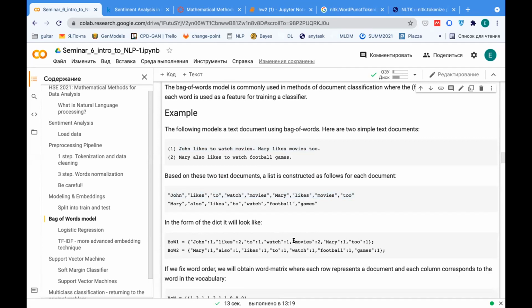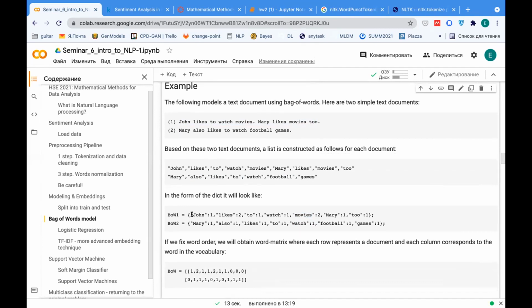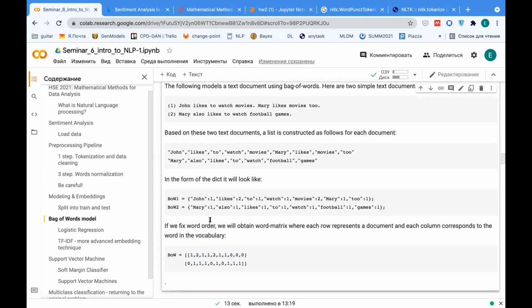For example, the word movies appears in two places, and some other words appear in just one place. If we encode our words with the number of their occurrences in the text, we can have vectors like this. For the second sentence, we can do the same thing.